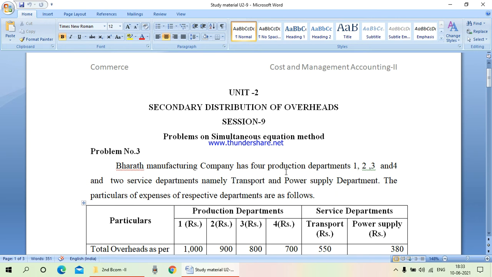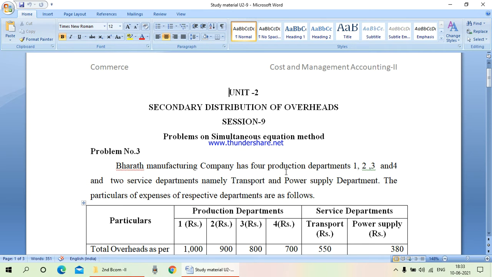Under Cost and Management Accounting, Unit 2, we are discussing secondary distribution of overheads. Already we have seen 8 sessions. In that we have discussed both the theory aspects as well as problems on secondary distribution of overheads.